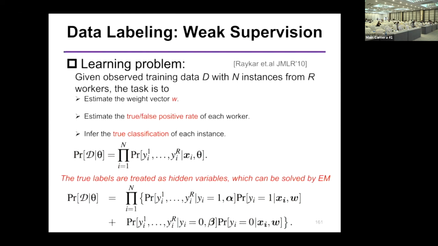But learning from imperfect labels trains directly from these imperfect labels. Given the observed training data D, they directly estimate the weight factor, estimate the quality of the worker, and infer the classification of each instance. They can use the EM algorithm to conduct this.